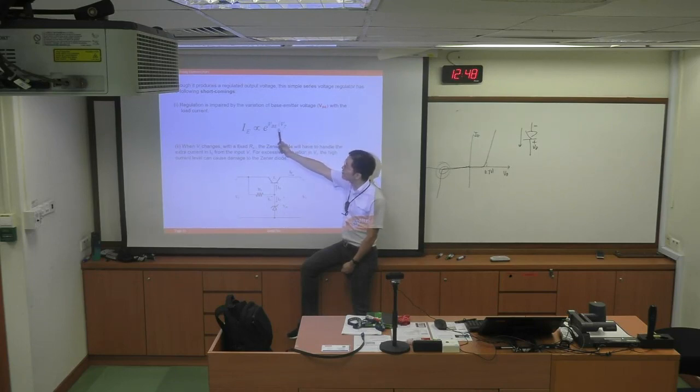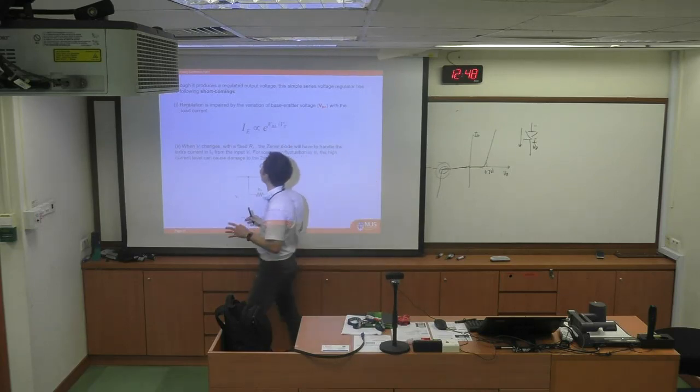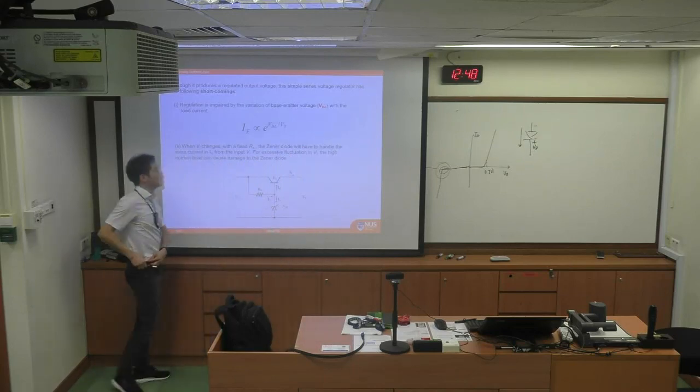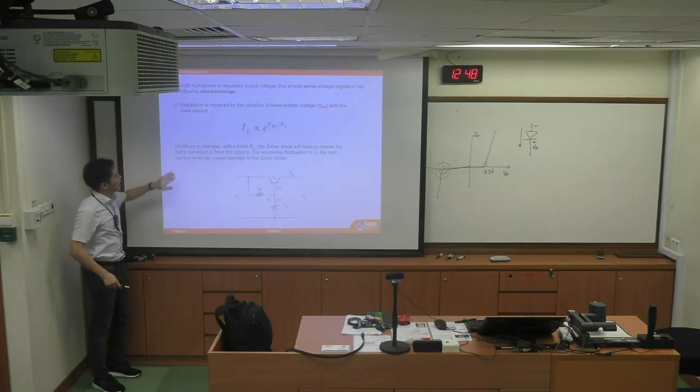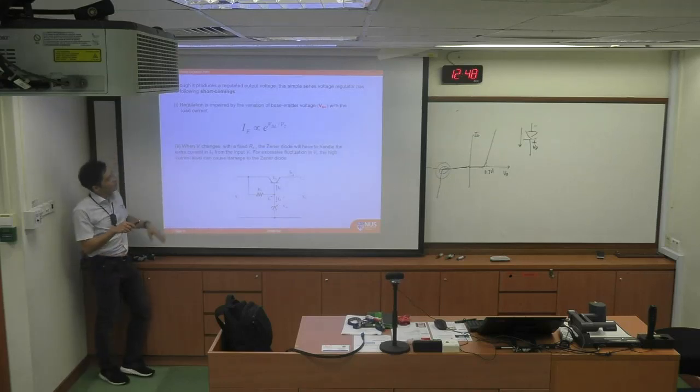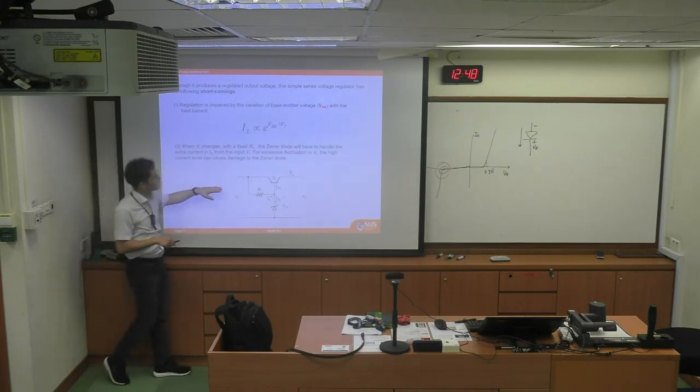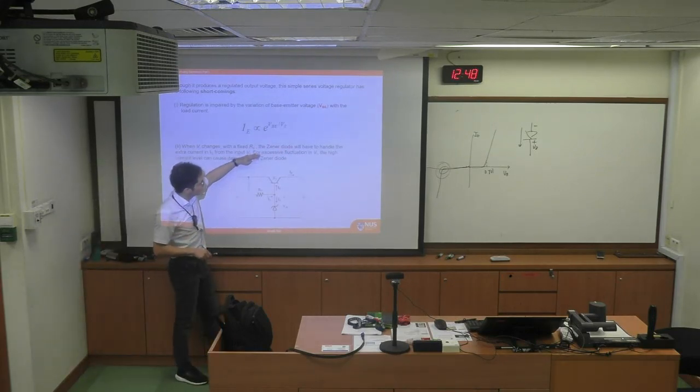If that changes, the exponential of that will consequently change as well. So this means VBE is actually not a constant, there is a slight change there. And when the input voltage changes with the fixed RS, the Zener diode will have to handle an extra current. So if the input change is excessively large, the Zener diode has to absorb that current.